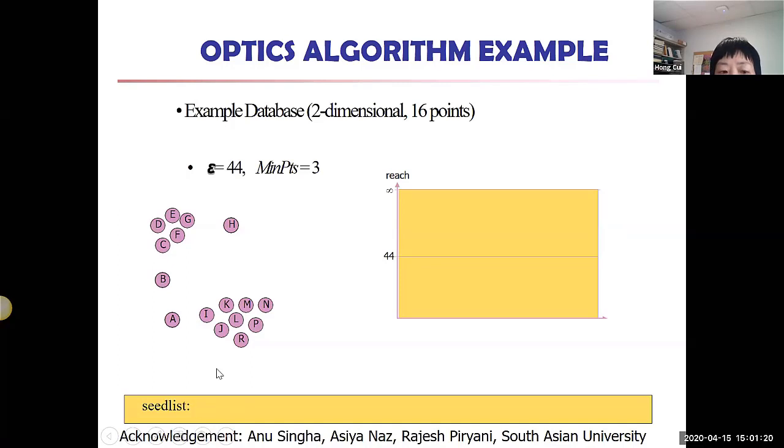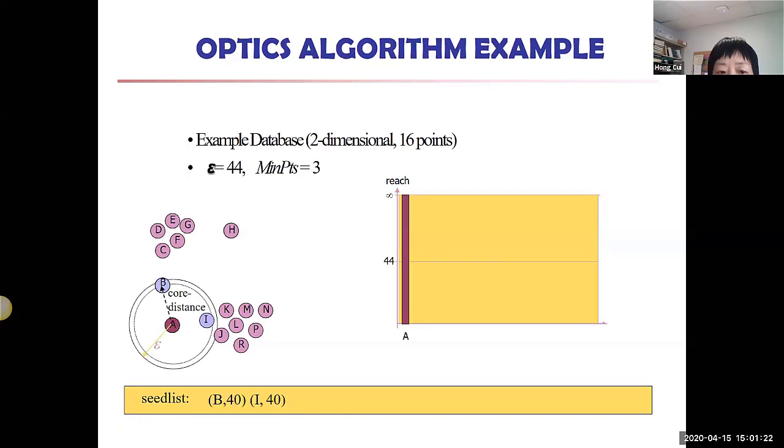So let's see, we first select A randomly as our starting point. We look at its epsilon neighborhood and find that B and I are within it. So we put B and I into this seed list.